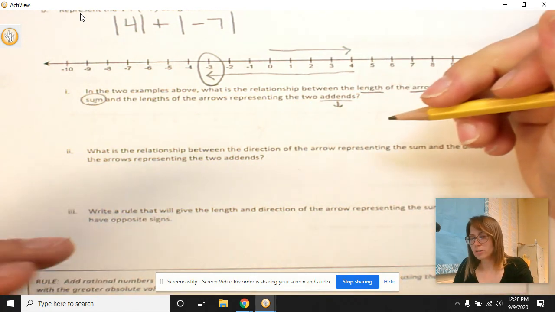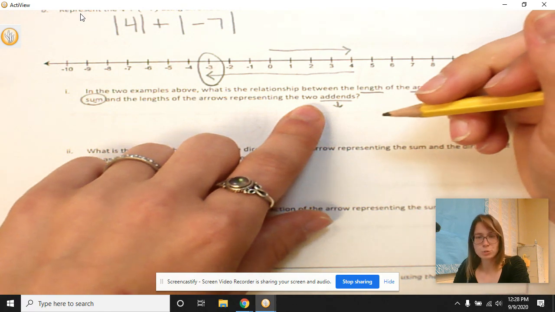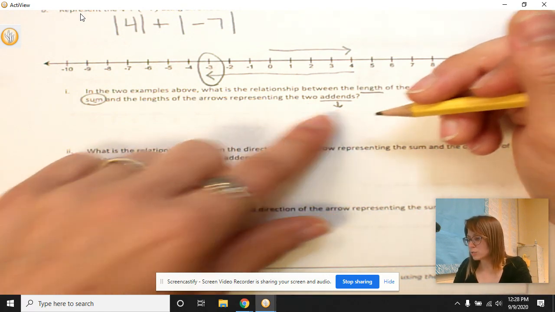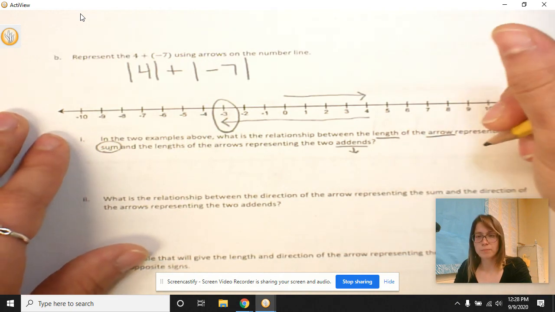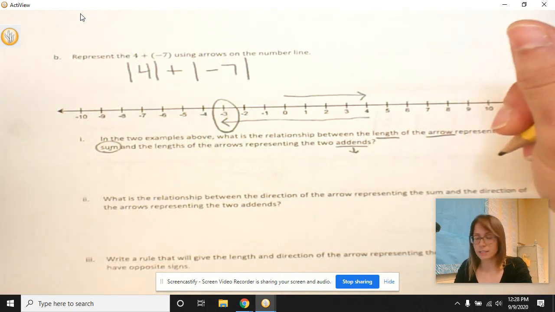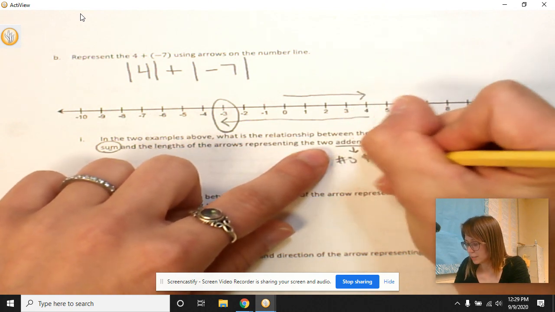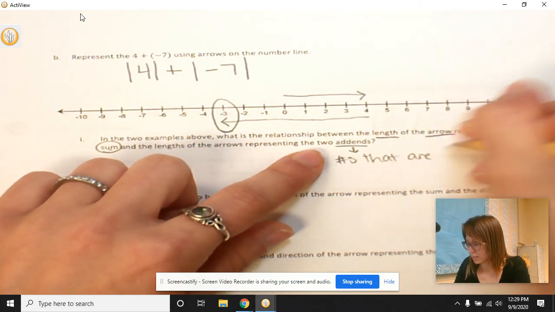They have the word "to" before this vocabulary word addends right here. So I can assume, since we're talking about two numbers in this last example, that addends are numbers that are added together.